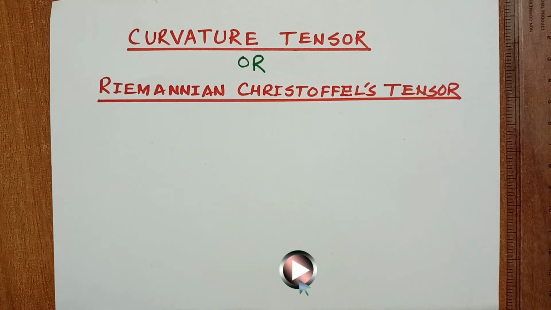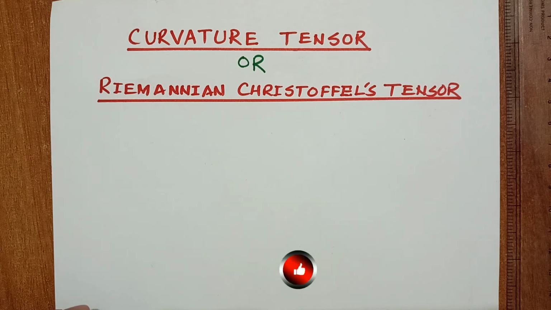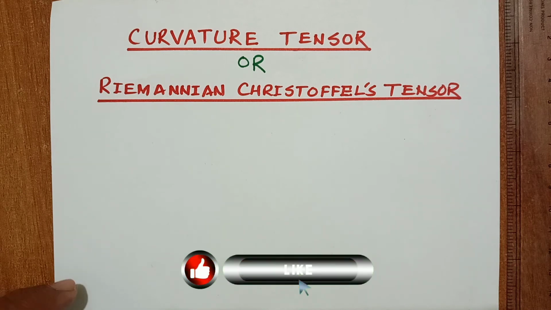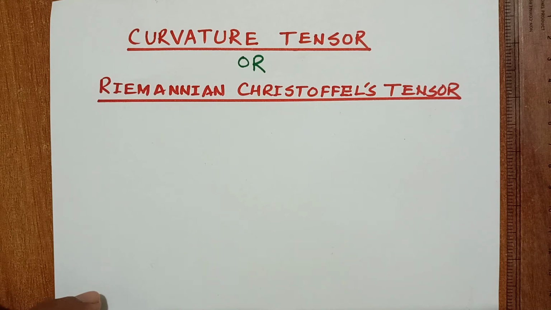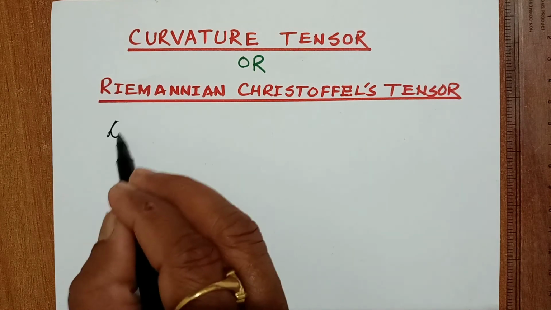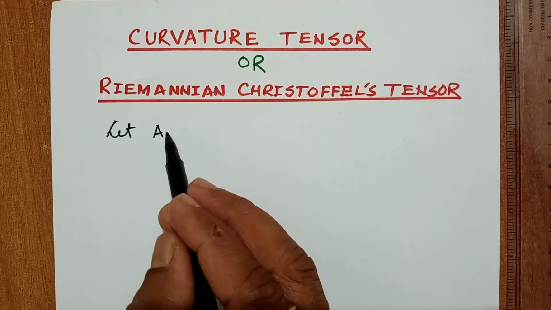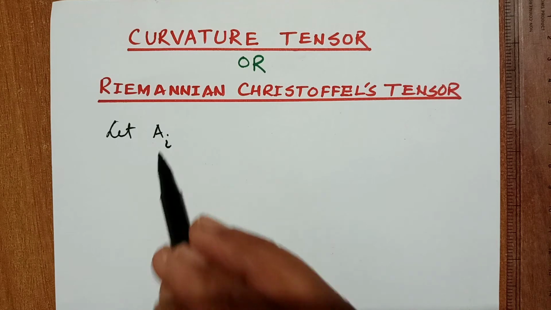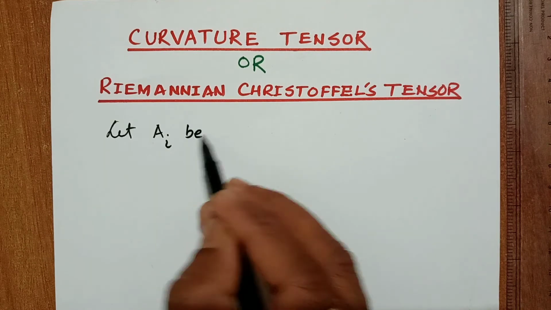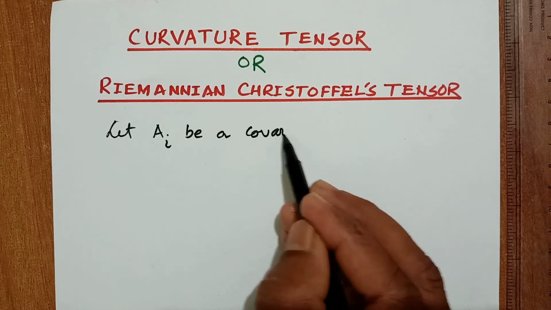Now we will explain the curvature tensor, or Riemann-Christoffel tensor. First we shall use covariant differentiation. Let us consider A_i to be a covariant vector.